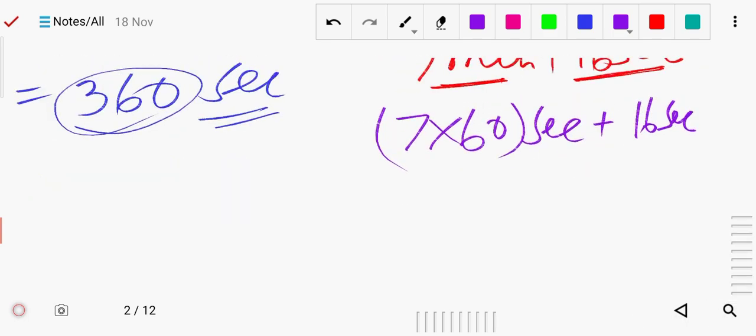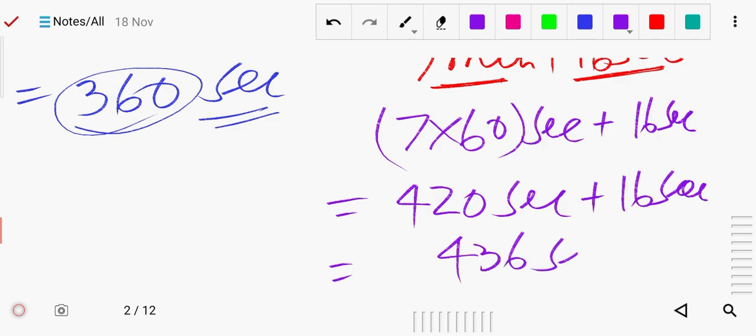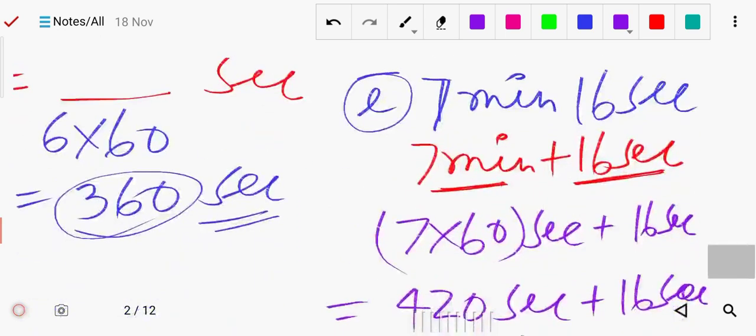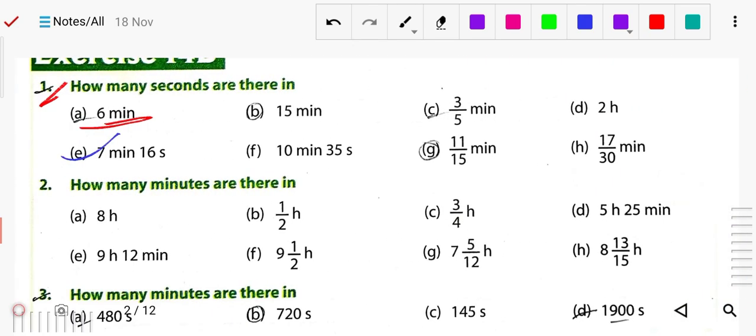Here you can multiply, so it will be 420 seconds plus 16 seconds. Now you can add these two, same unit. So 436 seconds. So this is your answer, 436 seconds. So you have to write in plus form, then change whichever is required.